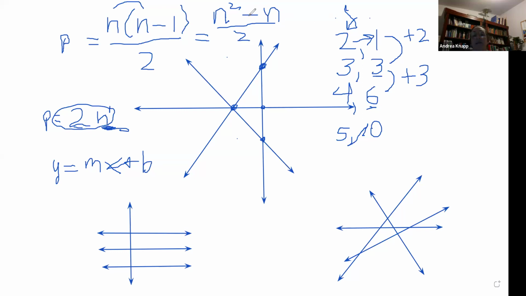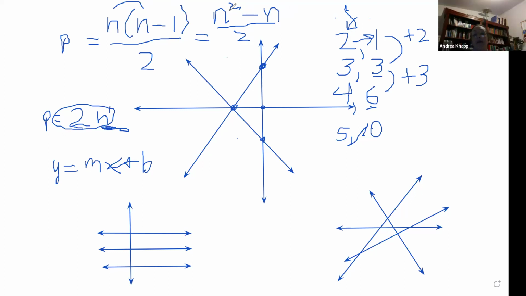So in this case, n squared minus n, divided by 2, works. So 2 squared is 4, minus 2 is 2, cut in half is 1. Now we'll check it with the 3. 3 squared is 9. 9 minus 3 is 6. 6 divided by 2 is 3. That one works.